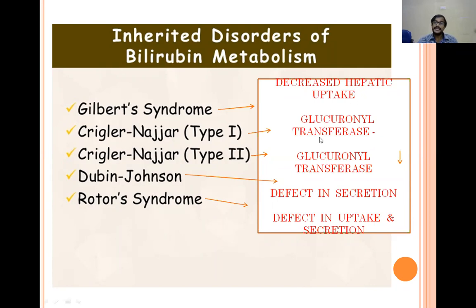These congenital defects lead to congenital hyperbilirubinemias. So these are the different diseases which are nothing but congenital hyperbilirubinemias. The defect is different, but the final result is the same: hyperbilirubinemia.